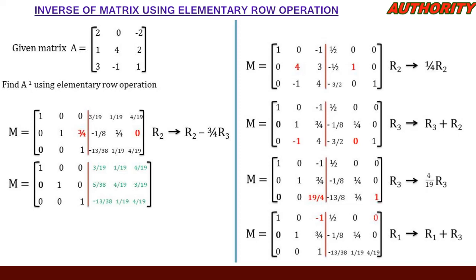Now the next one, we have 4 all over 19 in the third row. So 4 all over 19 multiplied by 3 all over 4 is going to give you 3 all over 19. This 3 all over 19 in row 3 should be subtracted from row 2, and the element in row 2 is 0.